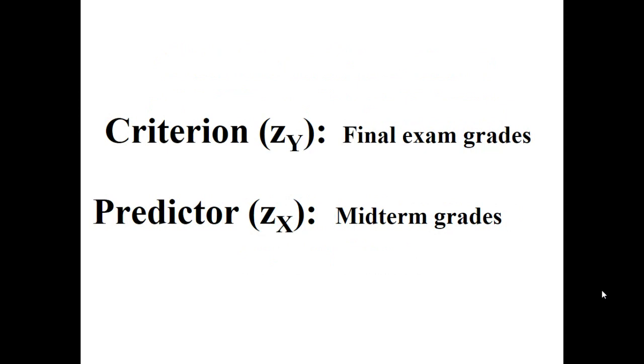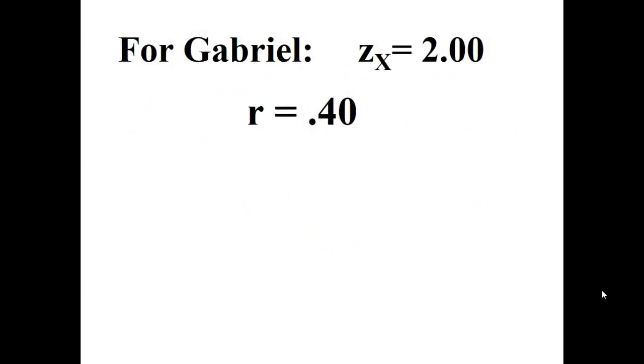Now, for this, the criterion is final exam grades expressed as z-scores, and the predictor is midterm grades, again, expressed as z-scores. And here's the information I just gave you. Gabriel's z-score on the midterm is 2. The correlation of midterm grades with final grades is 0.40. And now here's what I want you to do. Go ahead and write down your answer. What is Gabriel's predicted z-score on the final?